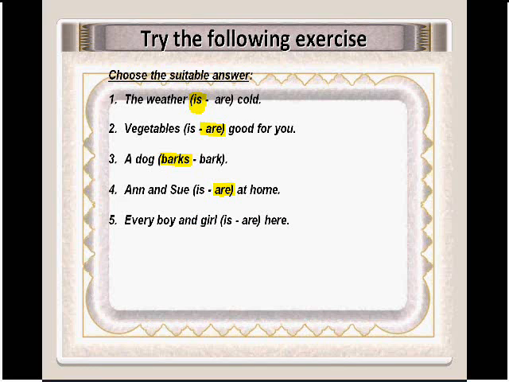Number 5. Every boy and girl is or are here. Every boy and girl is or are here. Remember, we have the word every in the sentence. So, what will be the answer? Do we consider here boy and girl as singular or plural? And what about the word every? Think of the word every and answer.